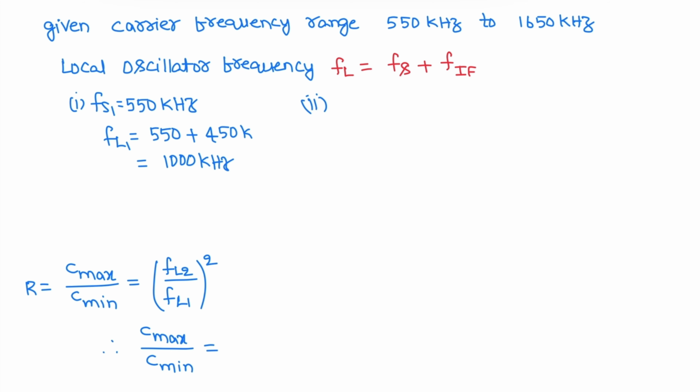Second case, if the incoming signal frequency Fs2 is the maximum 1650 kilohertz, then local oscillator frequency FL2 is Fs2 plus intermediate frequency 450, its value is 2100 kilohertz.